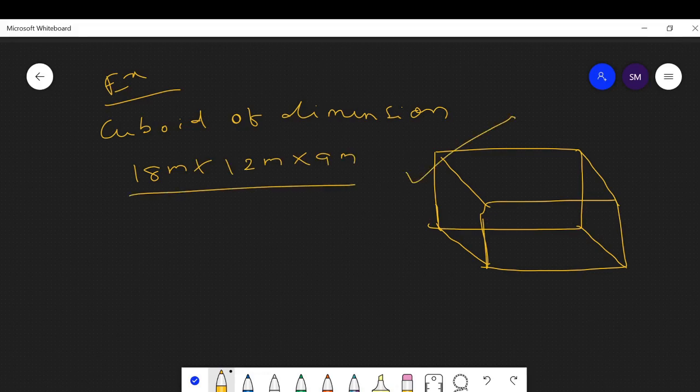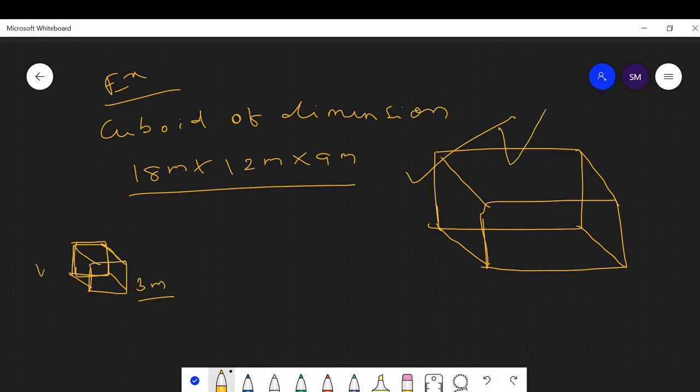The question is asked, how many cubes of dimension 3 meter can be cut from the cuboid? It means the length, breadth and height of the cube is 3 meter. At first we have to find out the volume of the cuboid.